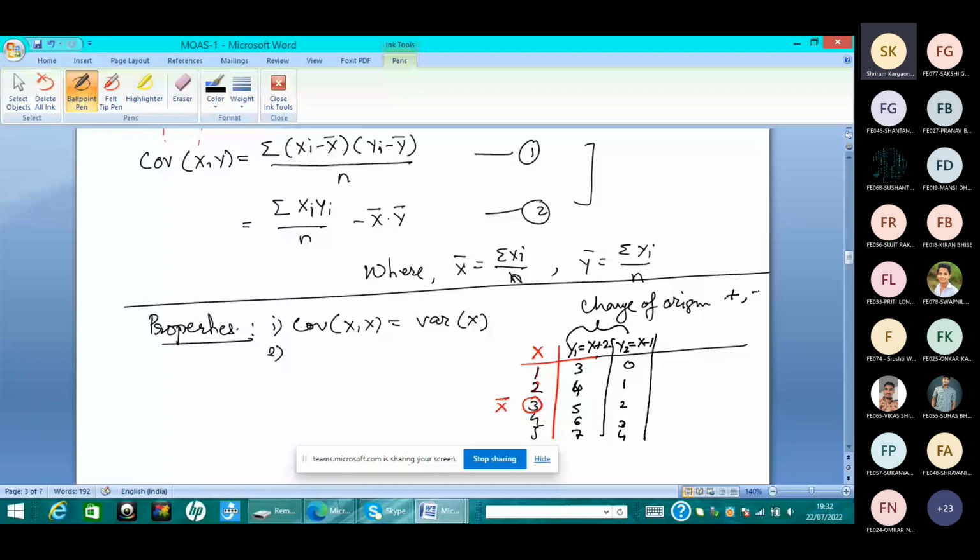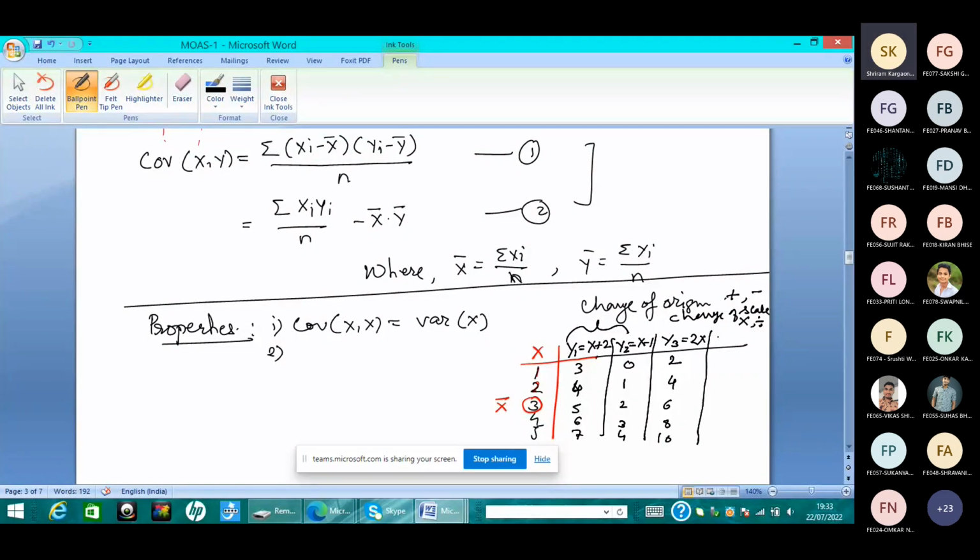Now what is change of scale? Change of scale means you are multiplying or dividing. Suppose for another variable y3, you double it. When you double, you are multiplying, so you are doing change of scale. So 2, 4, 6, 8, and 10.